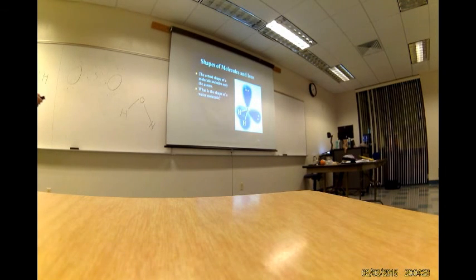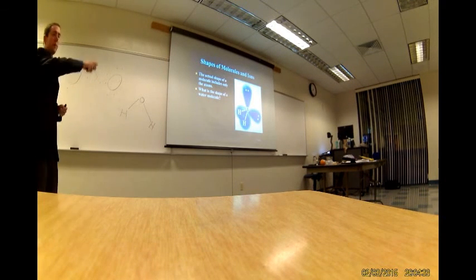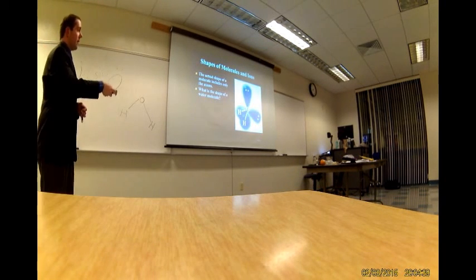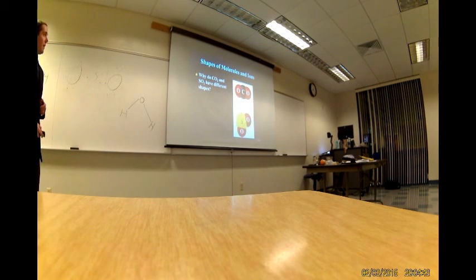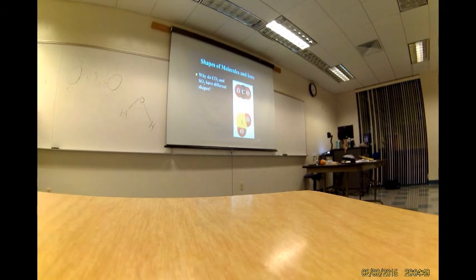So if you look at this, all you see is atom, atom, atom in a triangle shape. That is the shape of this. Okay, so let me put CO2 back up here.